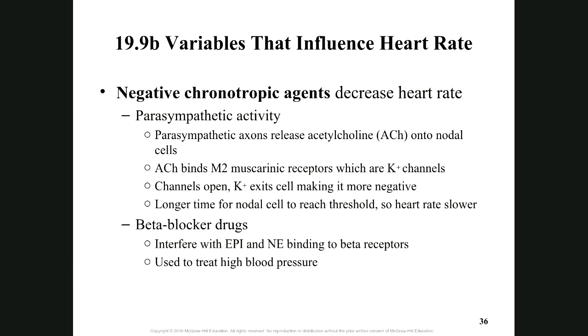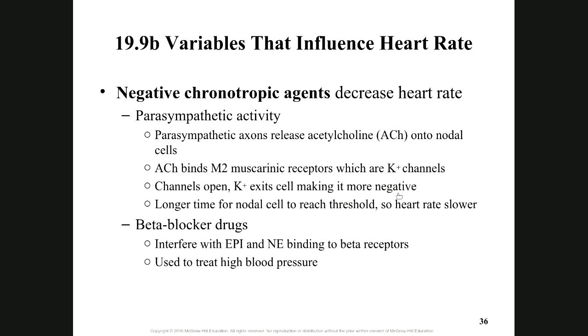The negative chronotropic agents can decrease the heart rate, and parasympathetic activity is one of the negative chronotropic agents. The parasympathetic axon can release acetylcholine on the nodal cell, and acetylcholine binds to the M2 muscarinic receptor, and this receptor works with potassium ion. The potassium channels become open, potassium ion leaves our cell, and the inside of the cell becomes more negative.